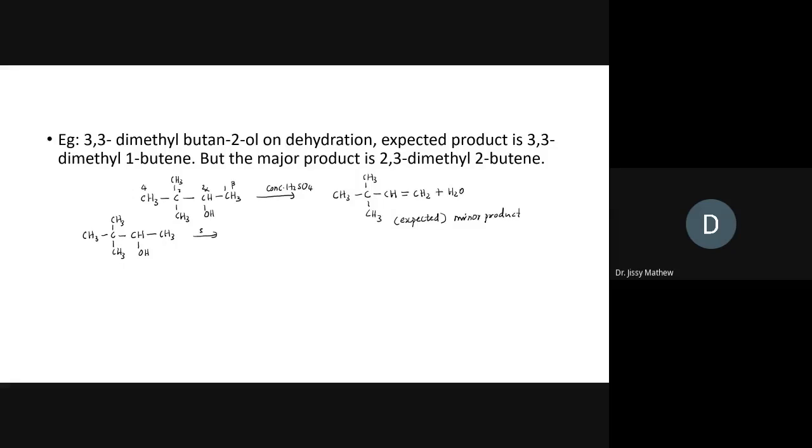In the slow step, H plus abstracts OH minus, breaking this bond, and we get a carbocation intermediate.